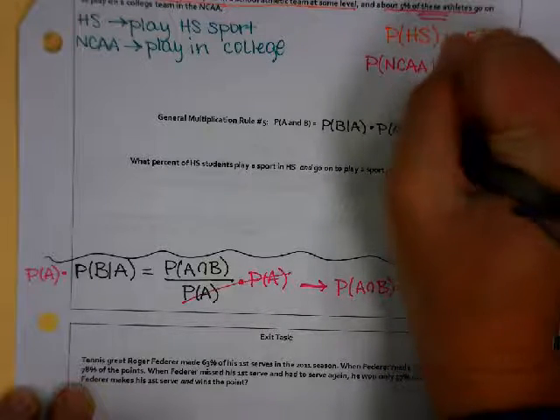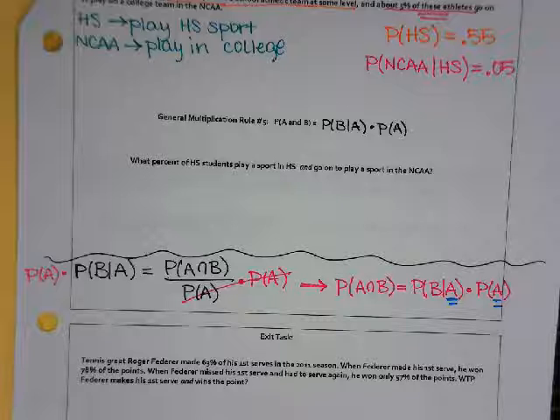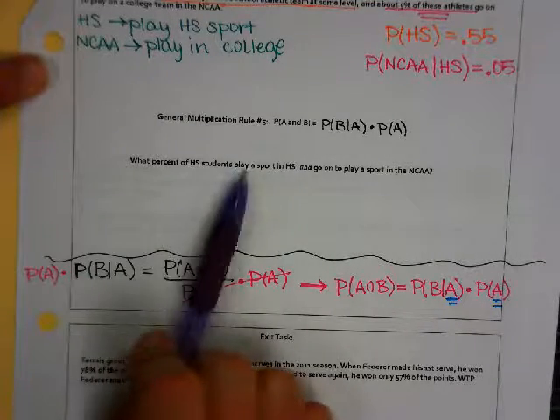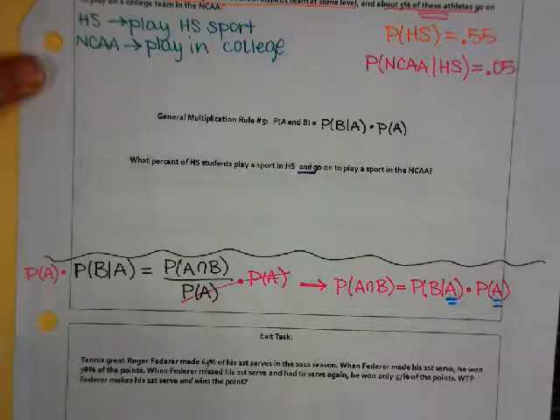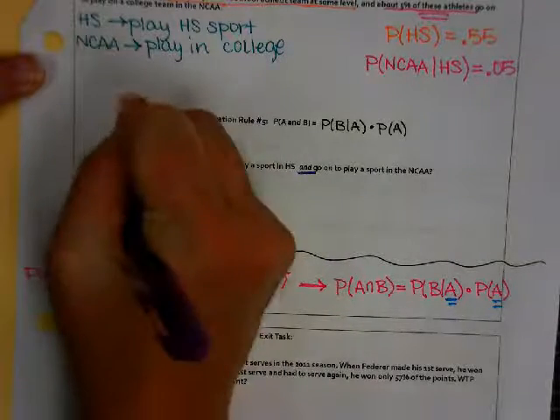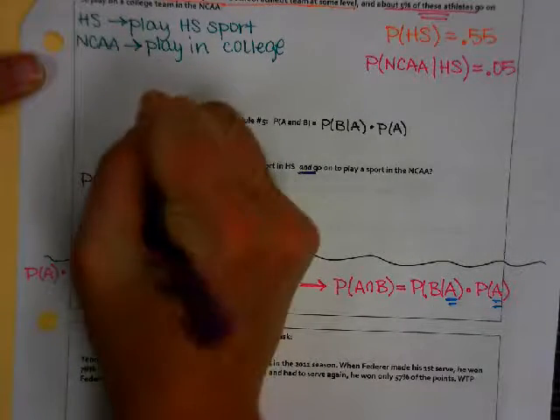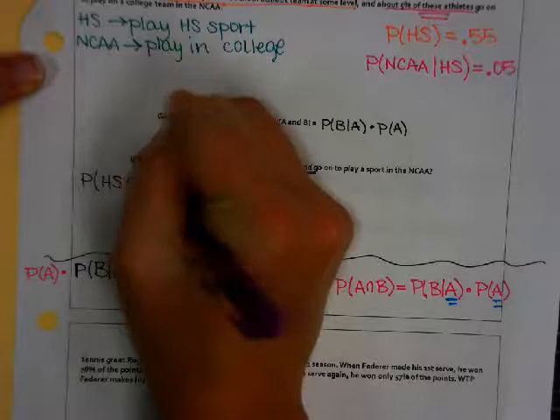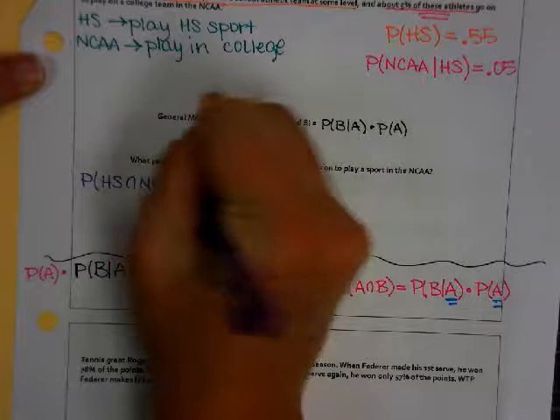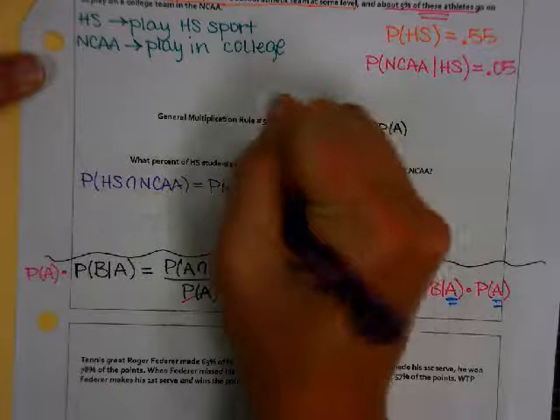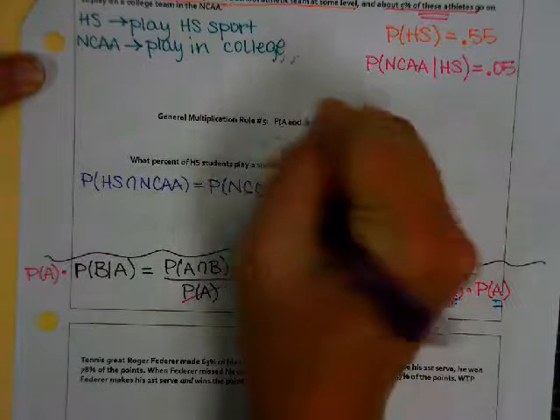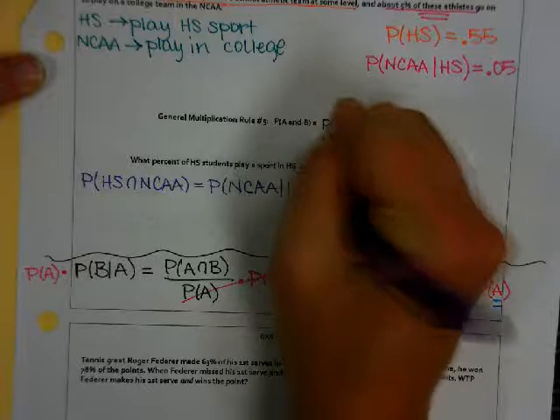So here, the question is what percent of high school students play a sport in high school and go on to play a sport in the NCAA. So it's asking us the probability of high school and NCAA. So I'm going to take the probability of NCAA given that they played in high school, and I'm going to multiply by the probability that they played a sport in high school.